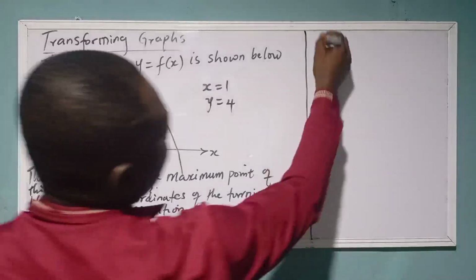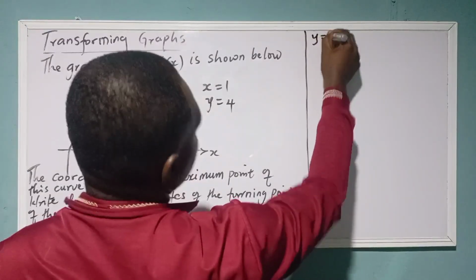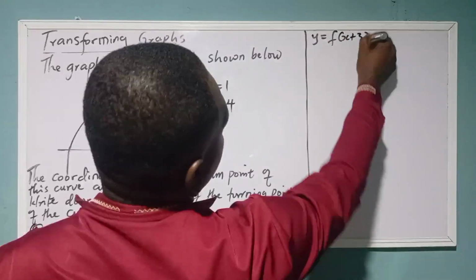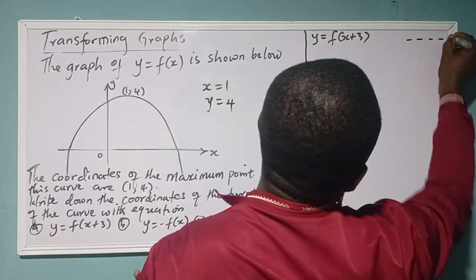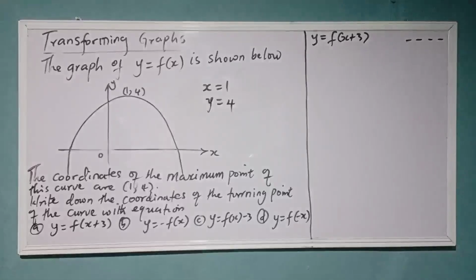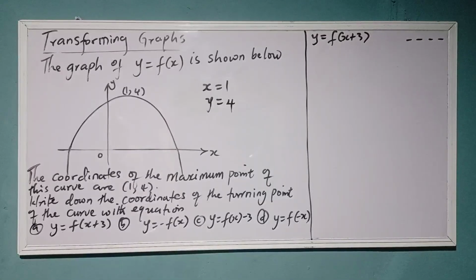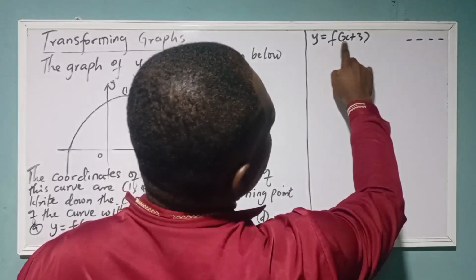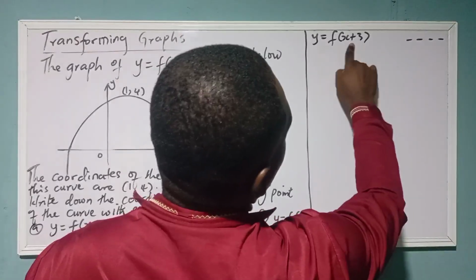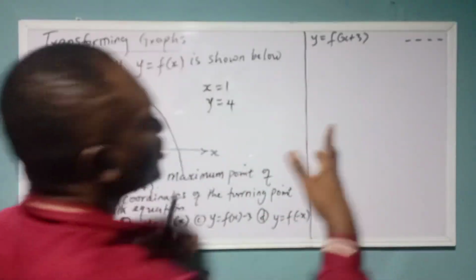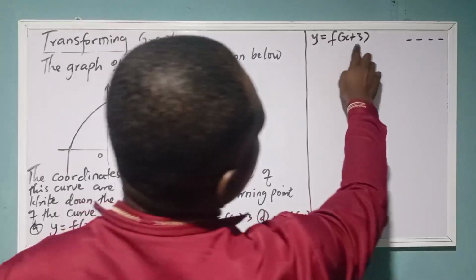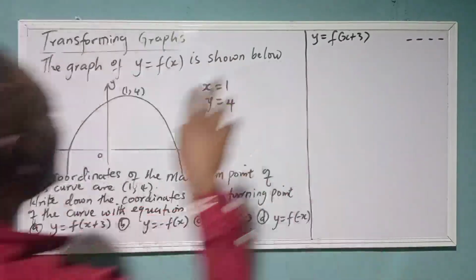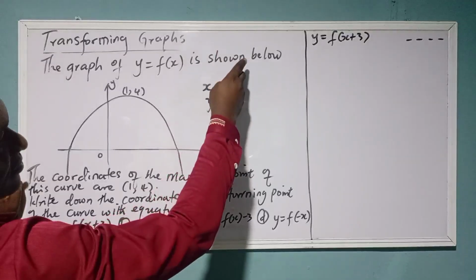All right. So for the first one, it says y is equal to f of x plus 3. So let's see what the coordinate will be. First and foremost, whenever the stretch or transformation is taking place within the brackets, it will only affect the value of x.